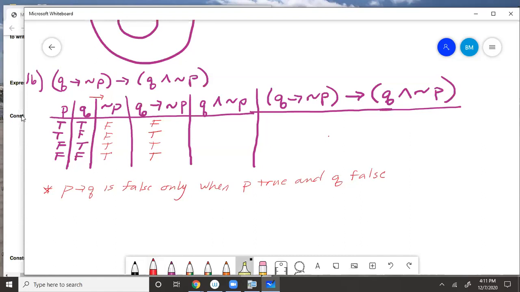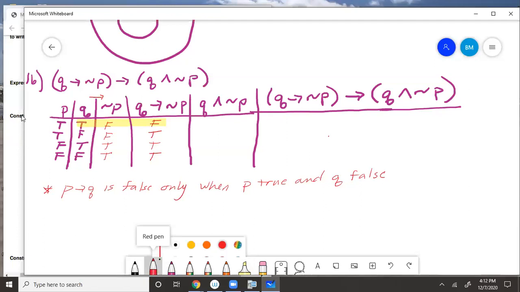I'll even highlight that just so you see that special case where that's false. So any questions about applying a truth table to a conditional? Not on that one. I only struggle when we get further to the end.